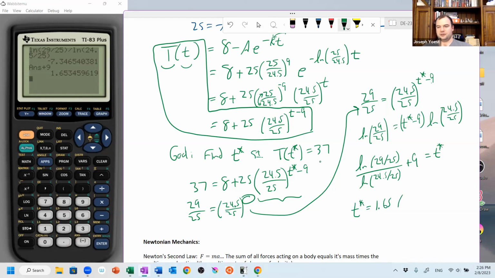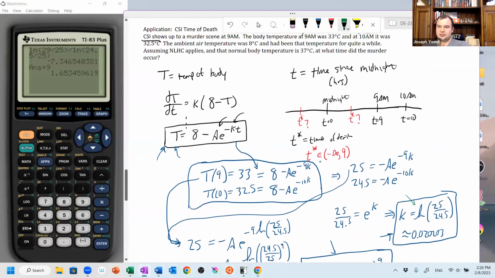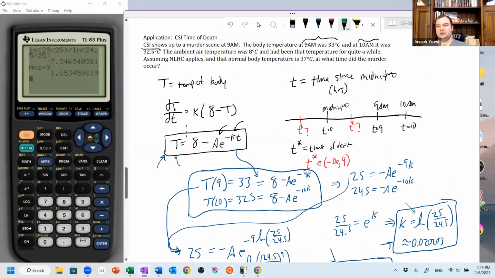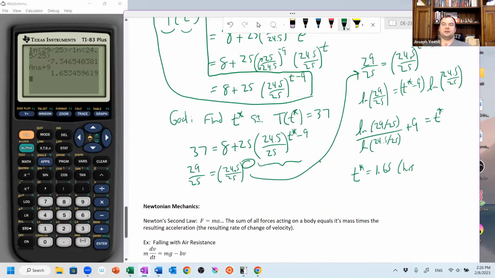So it's 1.65 hours. Remember what T represents? T is the time since midnight. So T star is the time of death, in hours after midnight. So that is going to be like 1.